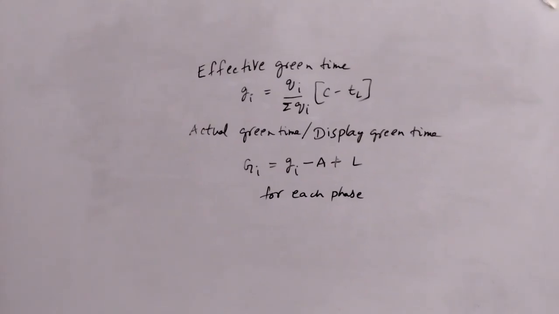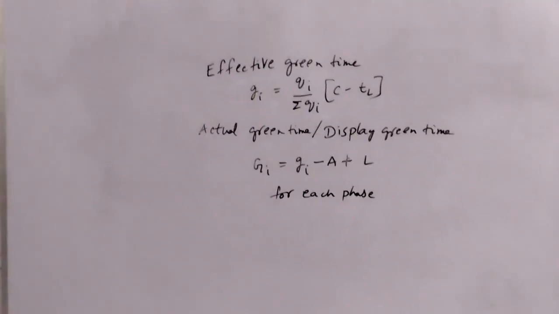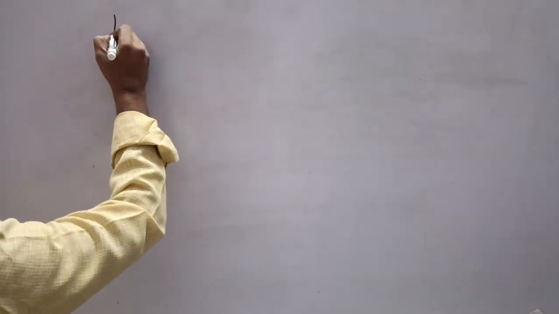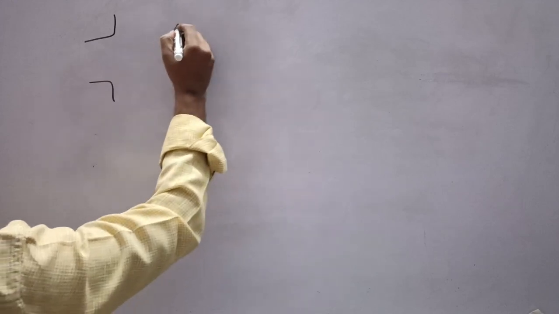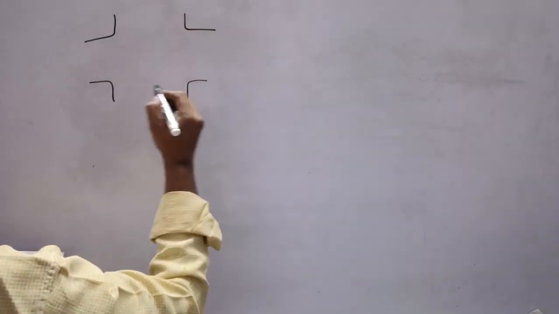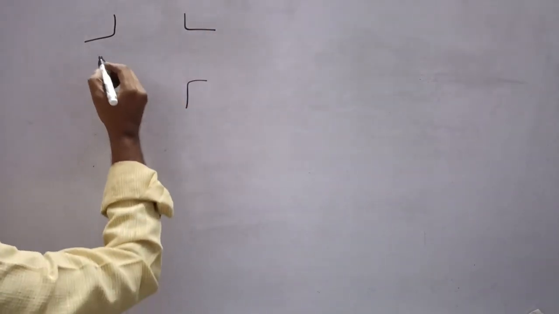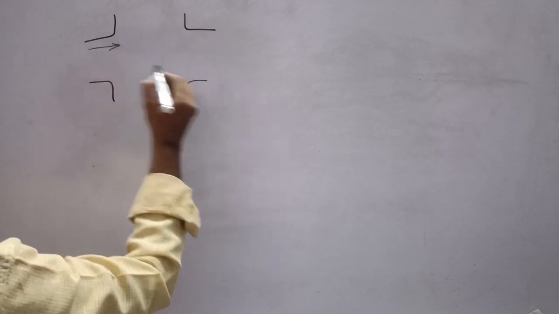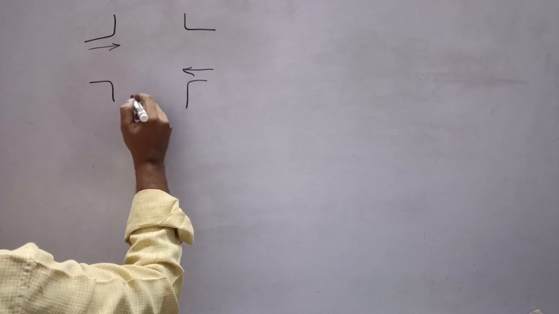Now we will see a few examples to get a better understanding of this topic. So there is an intersection which has through traffic only.